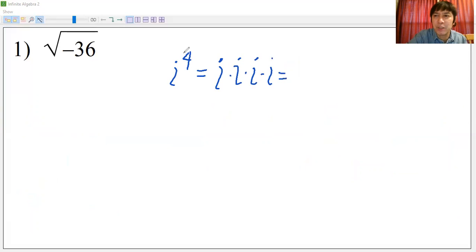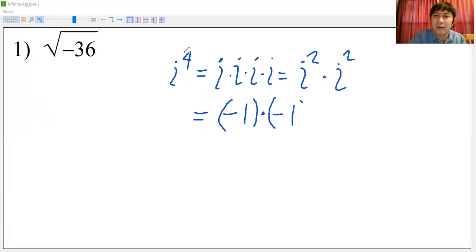And that can also be simplified as i squared times i squared. But i squared is -1. So that means this is -1 times -1, which is just equal to a positive 1. So therefore, i to the fourth is +1.